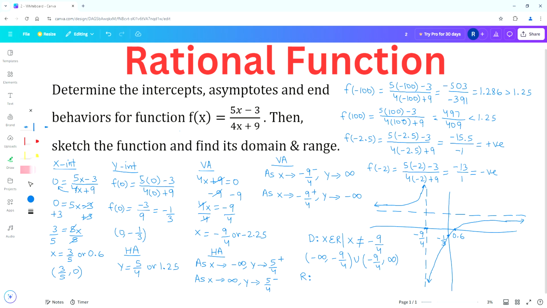So we can write the range in interval notation as follows. So this should be the range for this rational function.